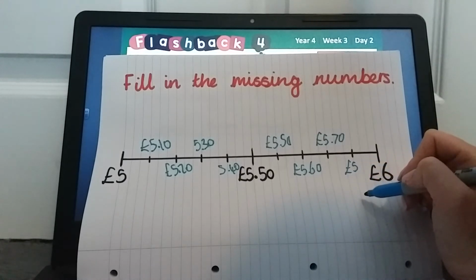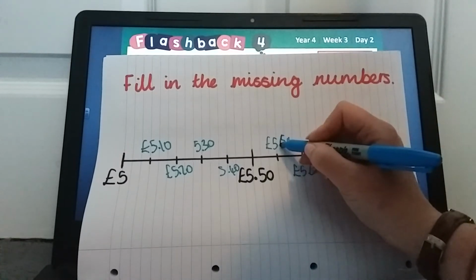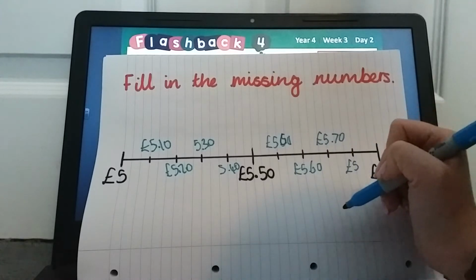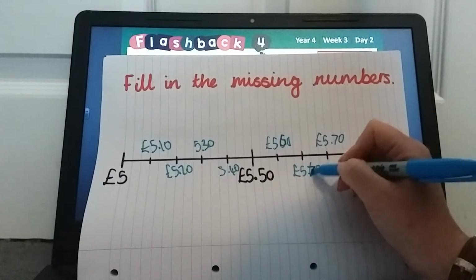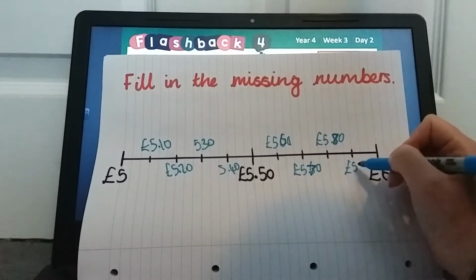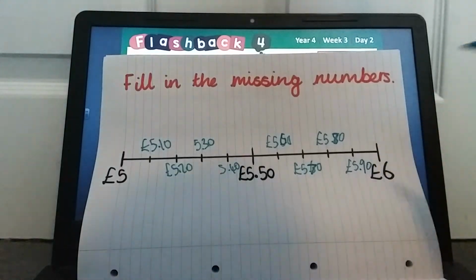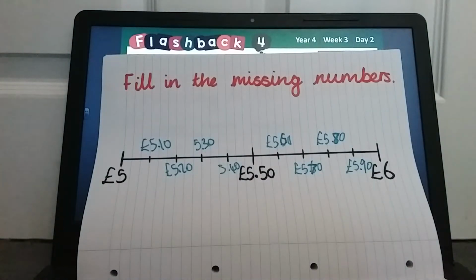I've not done this very well, have I? No, I forgot I already had my 50 there, so that's 60, 70, 80, and £5.90. What am I like? So, well, that is very dodgy writing, I apologise.